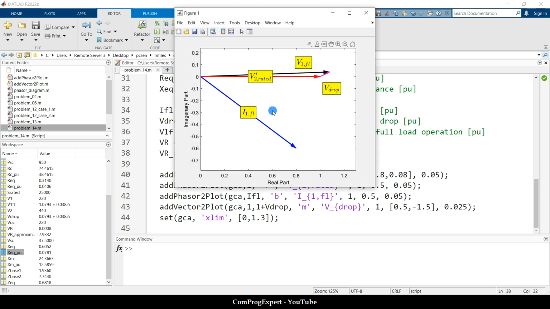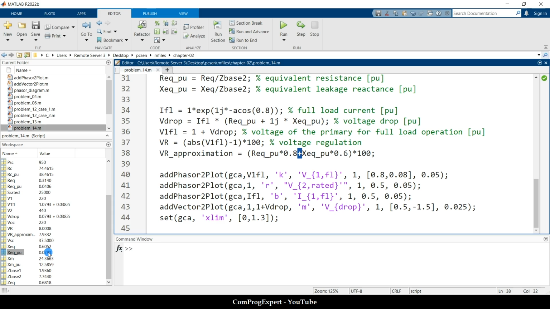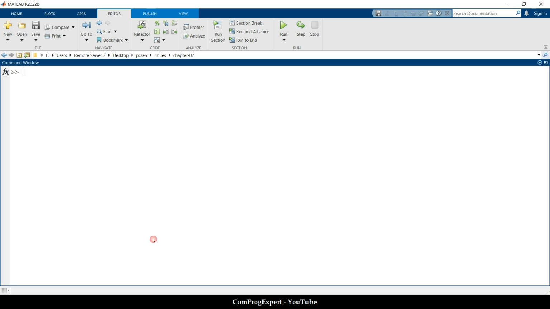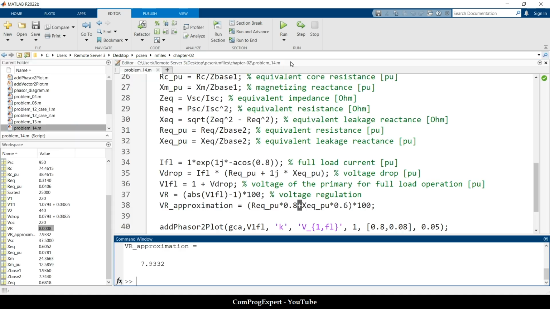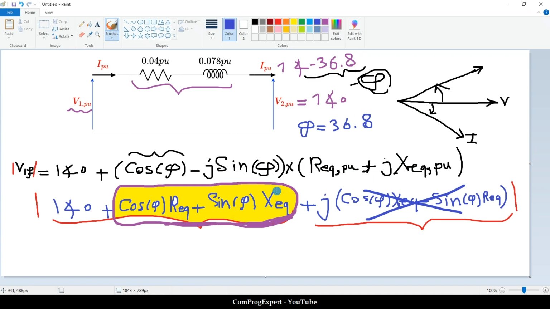So if I run the code, as you can see, the exact value of the VR is 8, and the VR approximation is 7.93. That is very close to this number. And this is a good approximation considering the assumptions and conditions that we discussed.